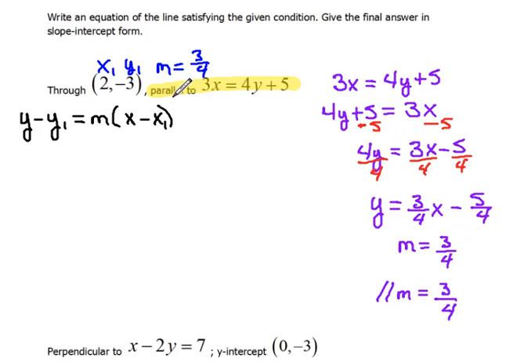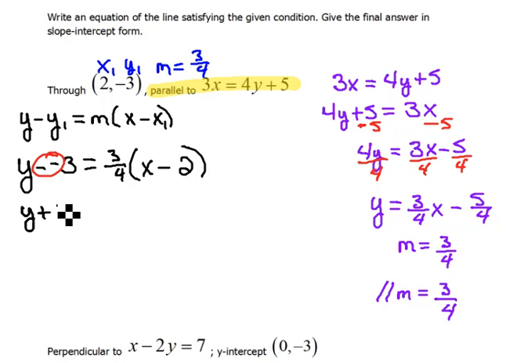So now we have everything that we need to continue. So y minus the y1 value, which is -3, equals the slope, which is 3/4, times x minus the x1 value, which is 2. And now we just finish it out as we have before with the others.